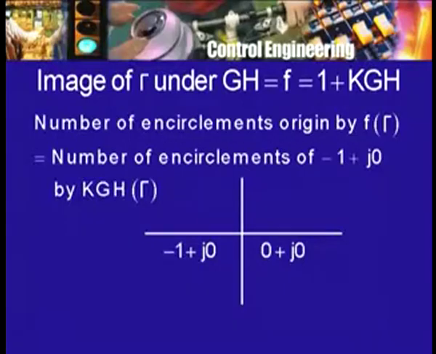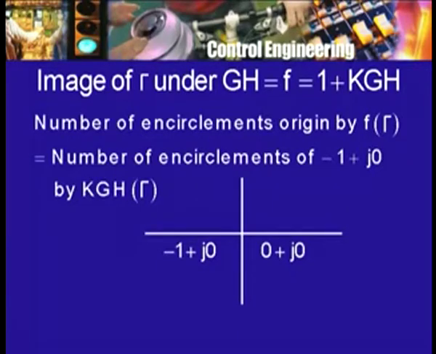So, encirclements of origin by f will correspond to the encirclements of minus 1 plus j0 by gh, because minus 1 plus j0, if I add 1 to that, will become 0, which becomes the origin. So, this is the reason for this change in our point of view. Instead of looking at the number of encirclements of the origin by f gamma, we will look at the number of encirclements of this point minus 1 plus j0 by gh gamma.